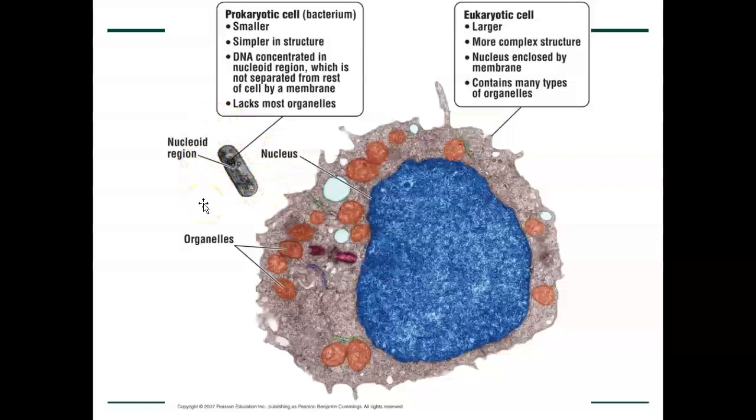Their DNA is kind of in this nucleoid region, but it does not have a nuclear membrane that separates it from the rest of the cell. So the eukaryotic cell, much larger, more complex. It contains many types of organelles, and that's what we're going to focus on for the rest of the chapter, looking at what the eukaryotic cell has inside of it.